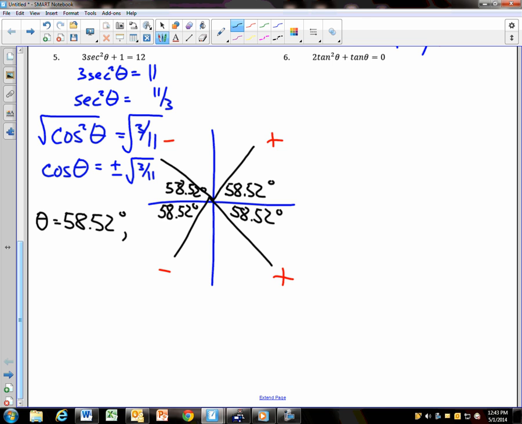From 180, 121.48. Now add on to 180, 238.52, and subtract from 360, and I get 301.48. See why you have 4 solutions? Positive and the negative with the square root.